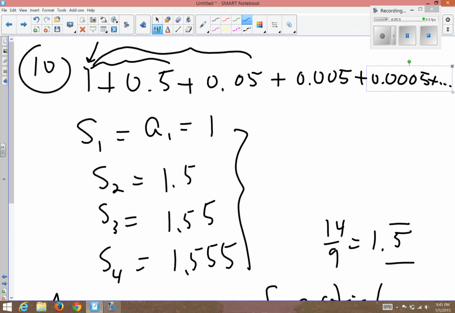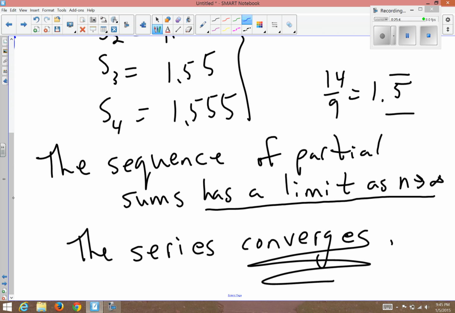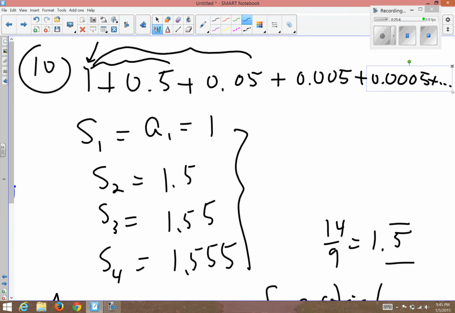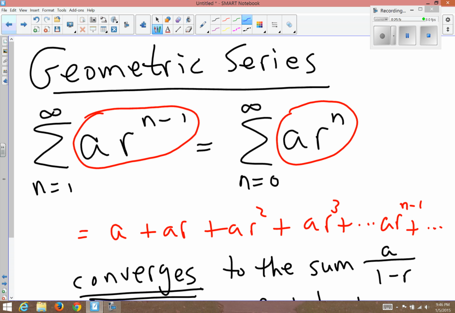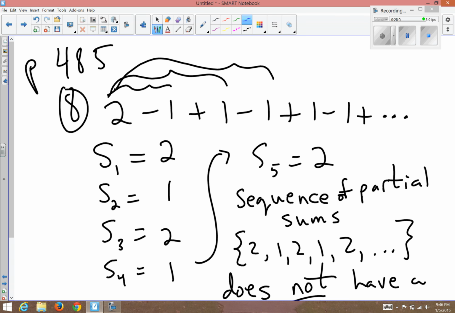Now, this was one that converged. So you're going to notice close to 0, closer to 0, even closer. The terms themselves are getting closer and closer to 0. And that's not true necessarily for a series that diverges.